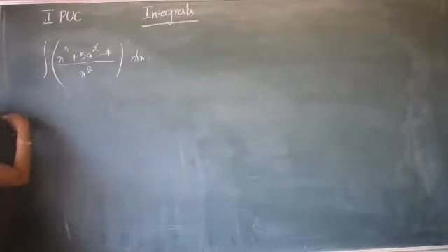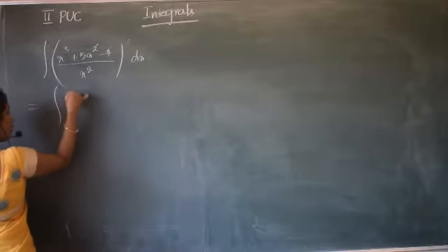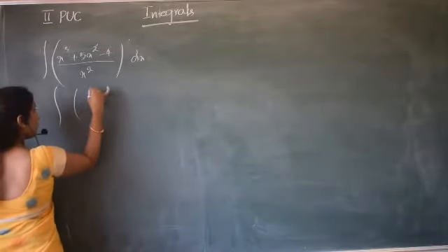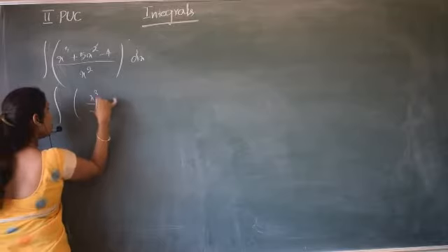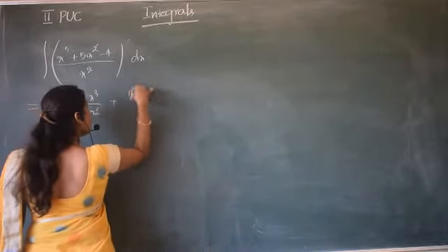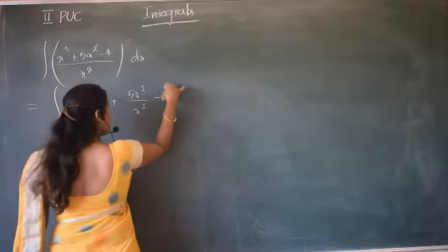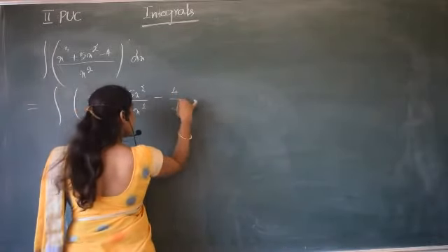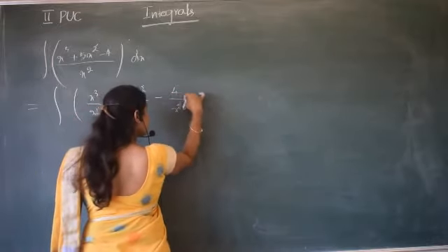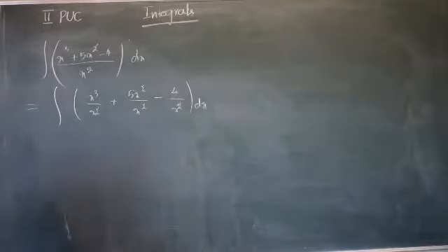So this is equal to integral of x cube by x square plus 5x square by x square minus 4 by x square.